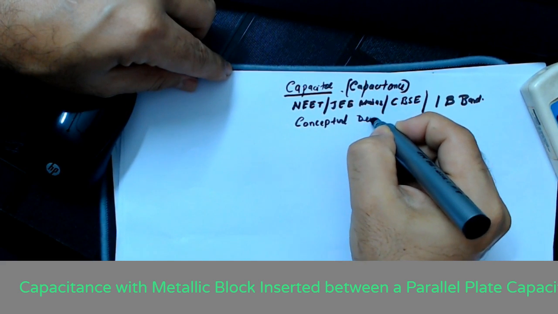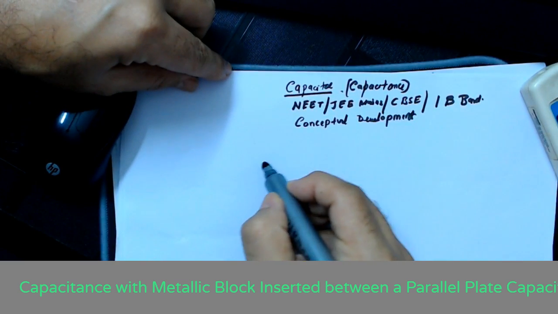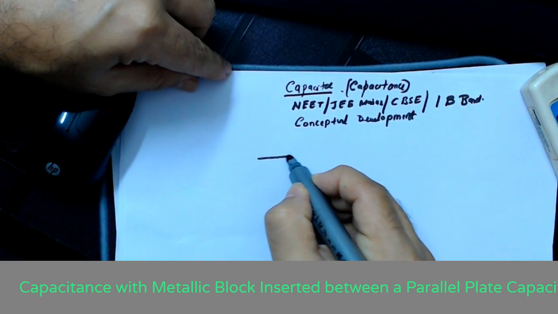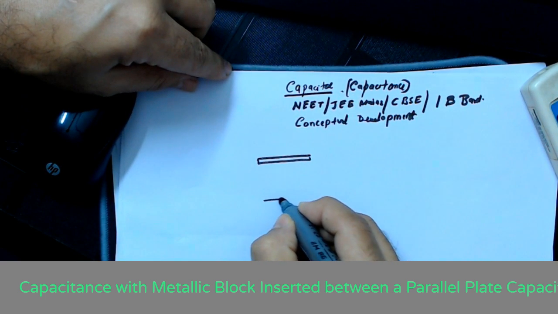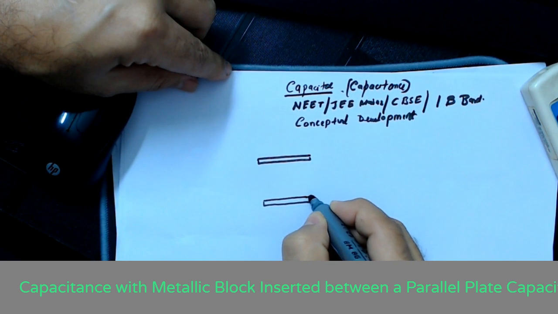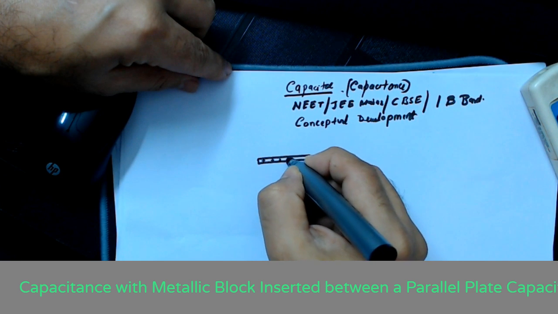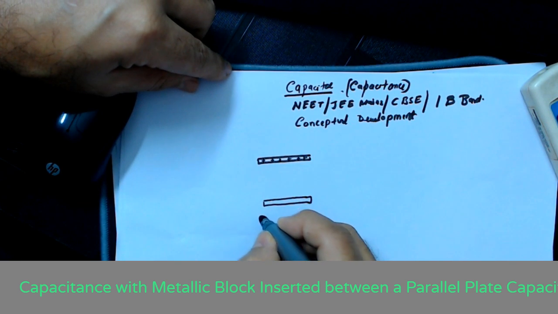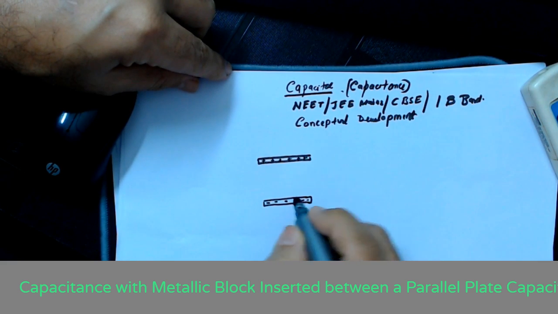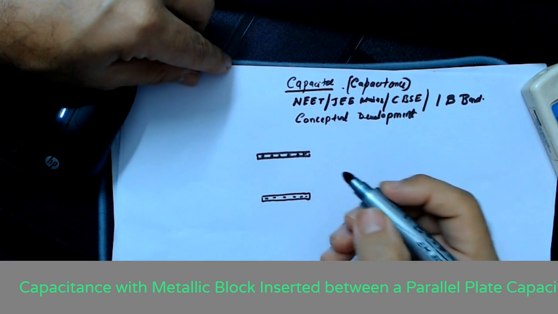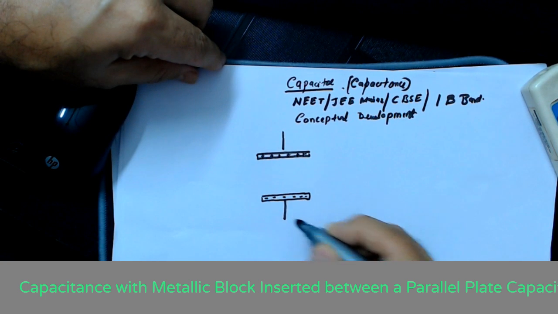Okay. So let's see the situation. If you have a capacitor, which is represented by two plates, and you charge them up, and they acquire a positive and a negative charge, this is a parallel plate system which you have.